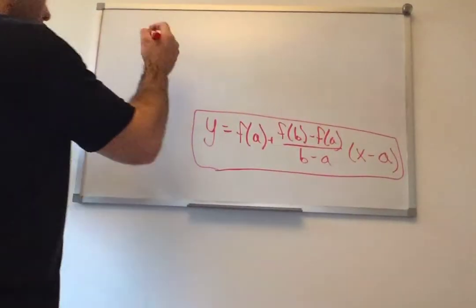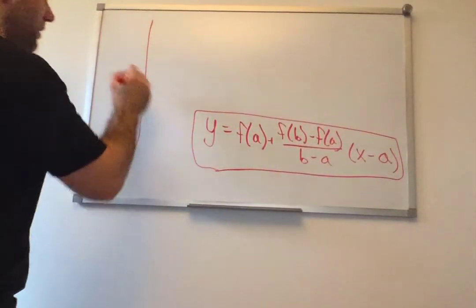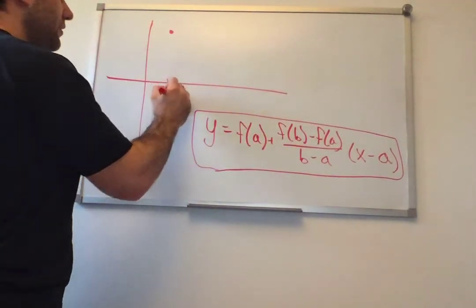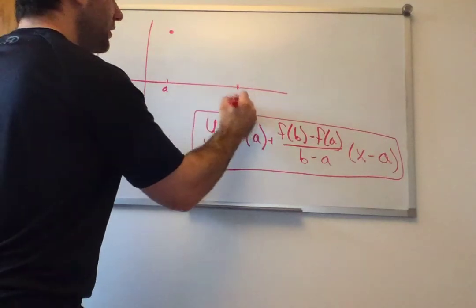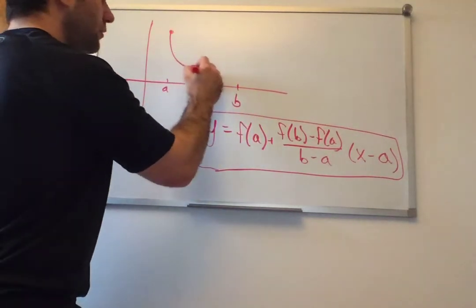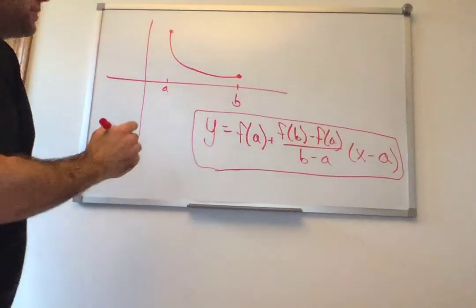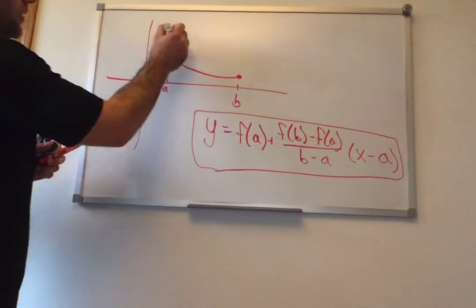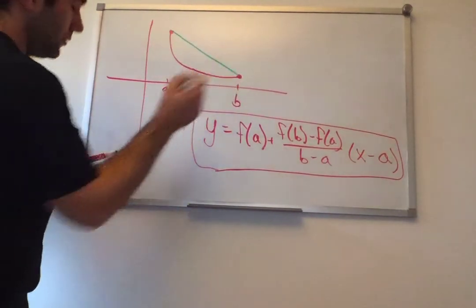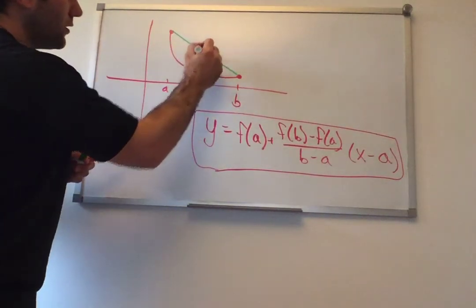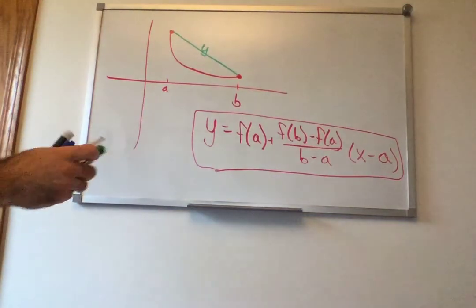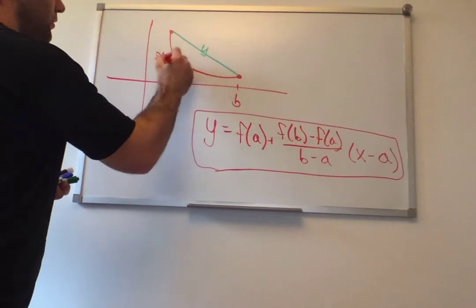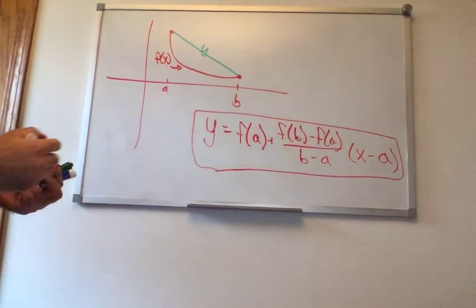Now, let me draw you another picture to explain what we're doing. We're going to create a new function here. Right there's A, right there's B, something like that. Let's see, I'll draw the secant line in a different color. This is y right here. This red line is f of x.